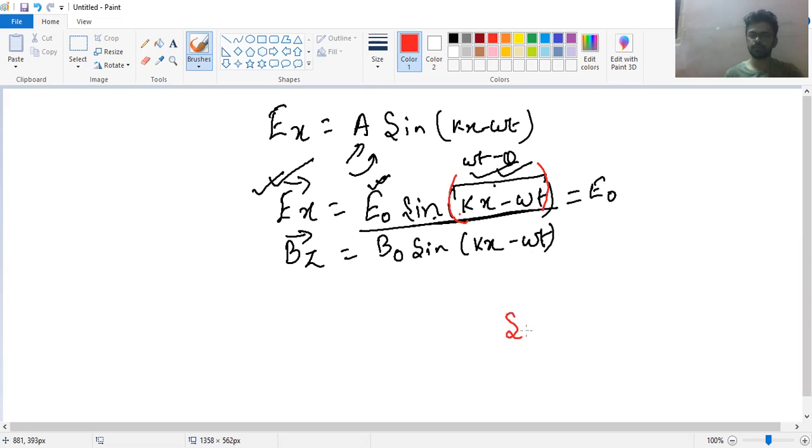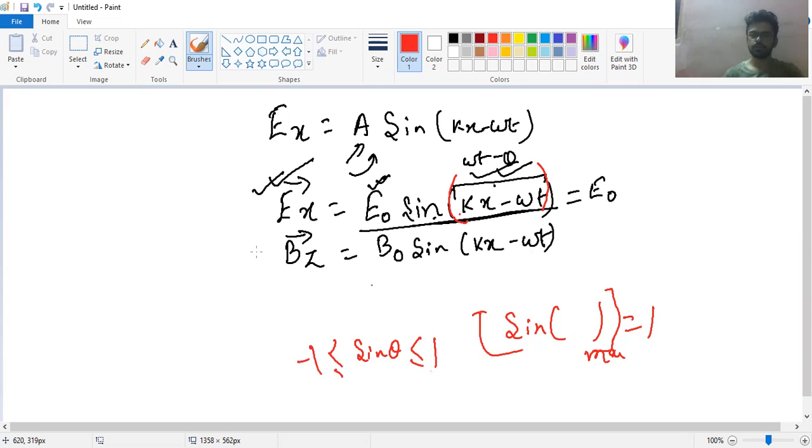So the maximum value of sine of anything is equal to 1, because we know sine theta lies between minus 1 and 1, right? So similarly, the maximum value of Bz will be B naught, right? These are maximum values. You should be knowing these things.